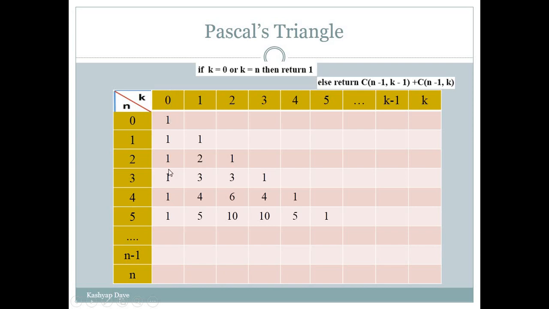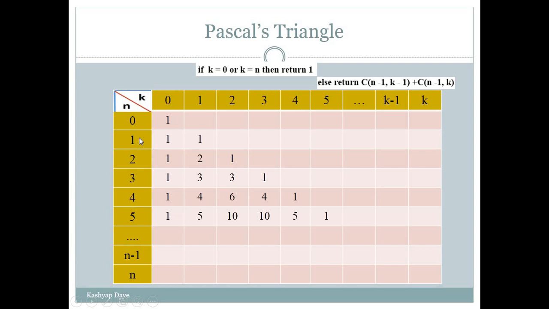So in that column, all values have k equal to 0, so we can directly write 1 here. If we want to find the value for n equal to 0 and k equal to 0, k is 0, so we write 1 here.